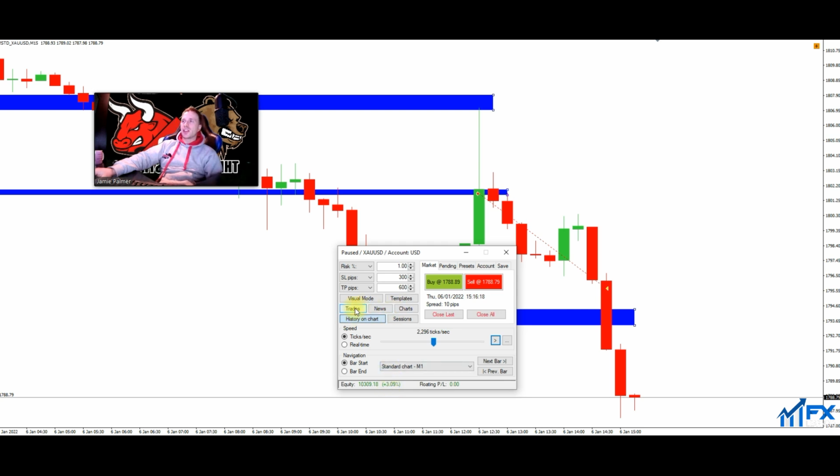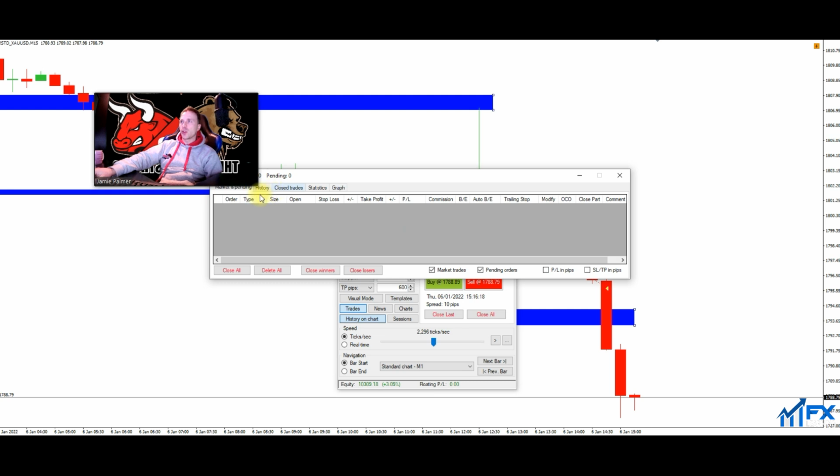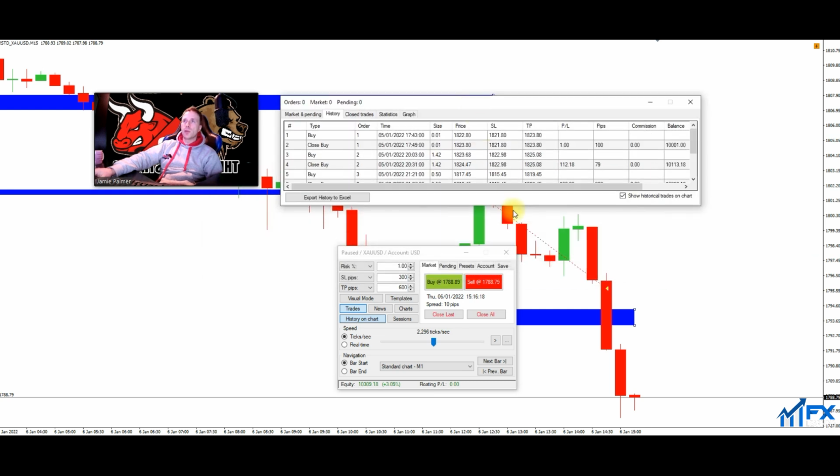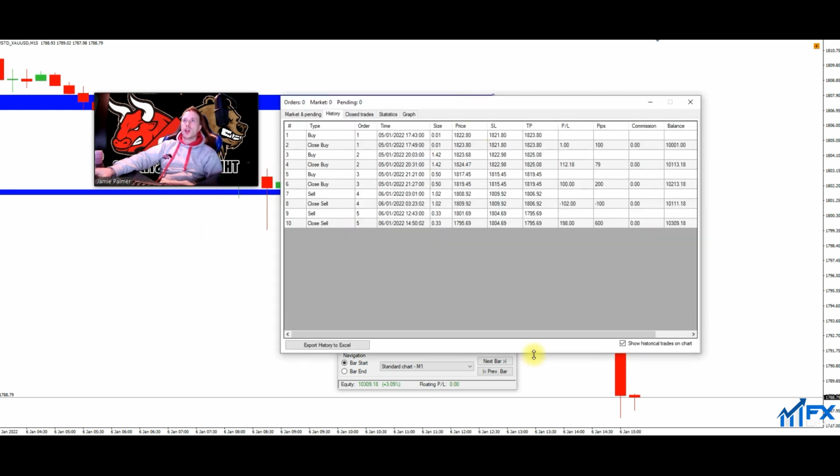Let's have a look at the trades that we took. Okay, so history. That trade there is really annoying because that was the first trade that I took, and I should have actually risked 1% of my account, which I didn't. So that trade should have actually made a 1% gain.